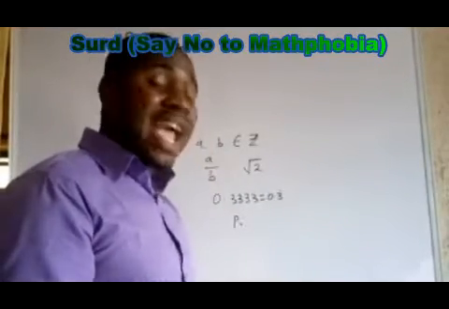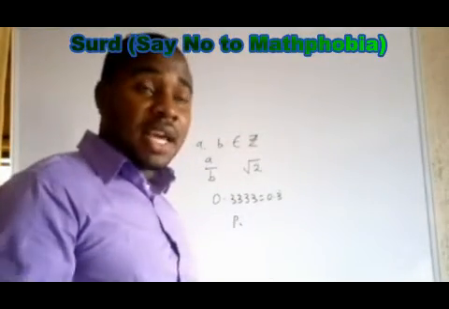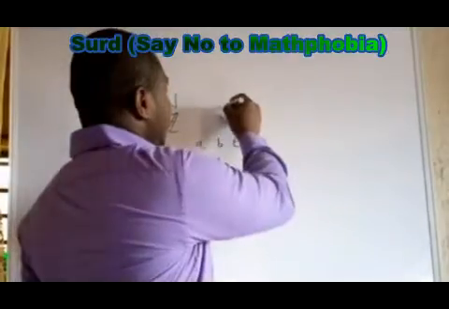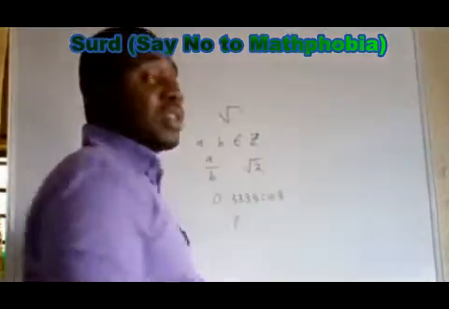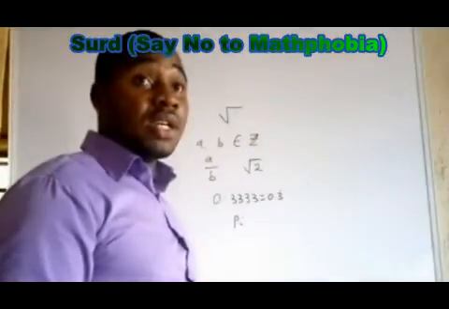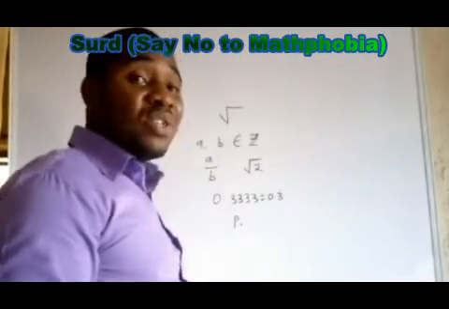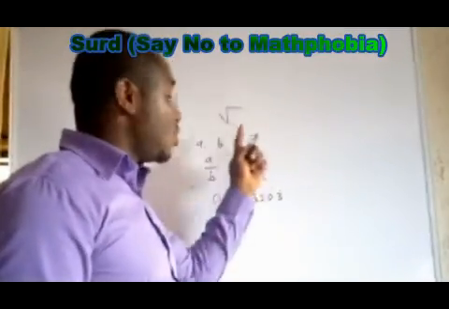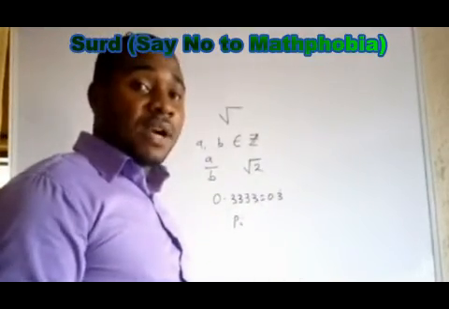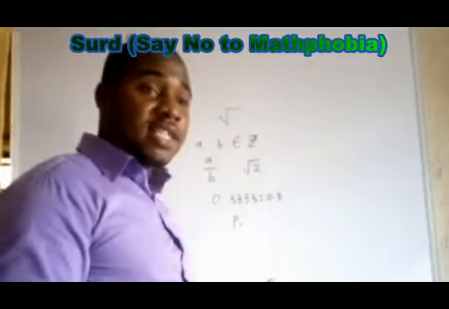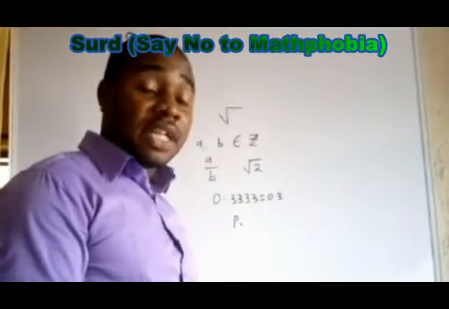So any irrational number that has the radical sign is now called a surd. So we are going to deal with surds. We talk about numbers, integers, how integers become rational numbers.